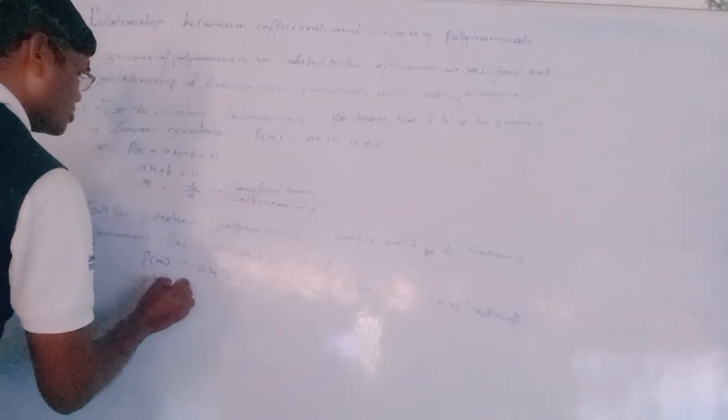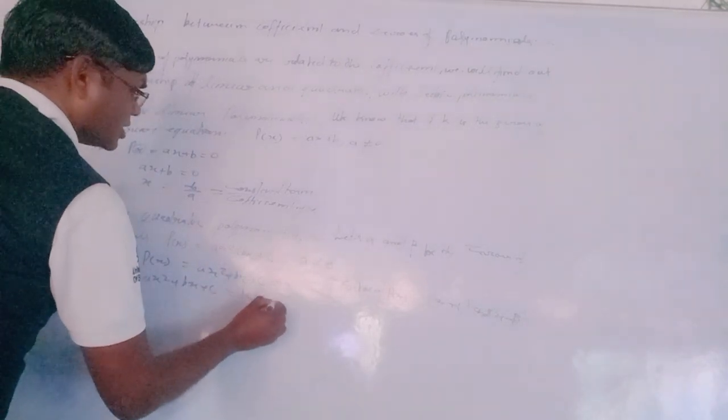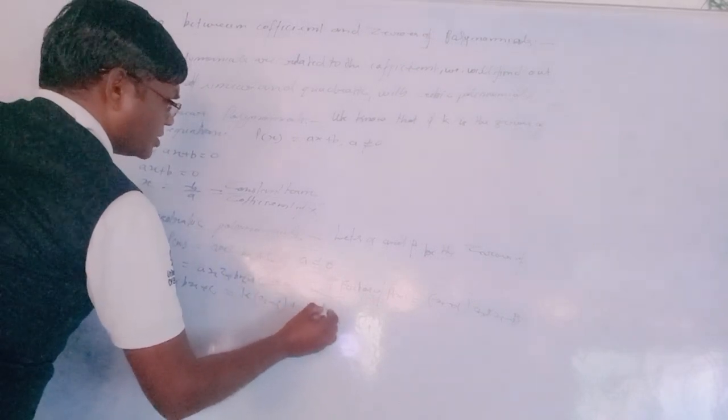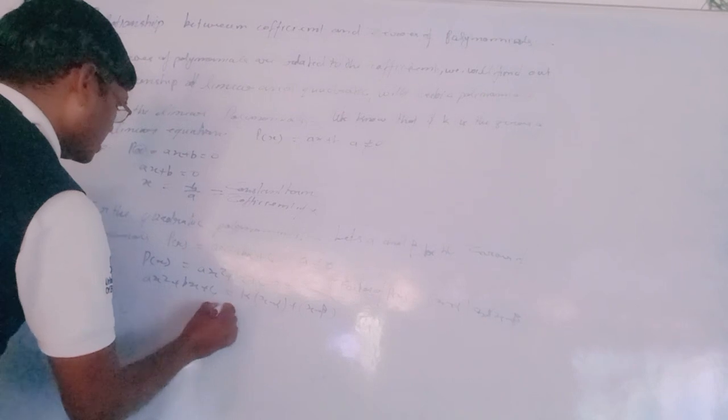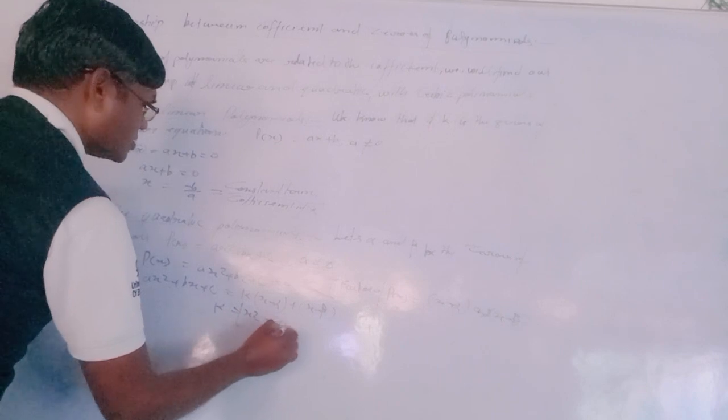So we can write here ax square plus bx plus c is equal to k times x minus alpha into x minus beta. So k is equal to x square minus alpha plus beta.